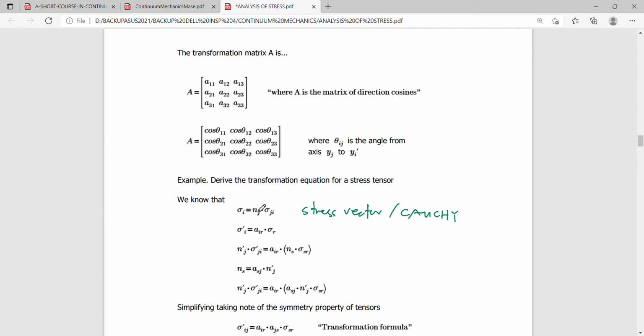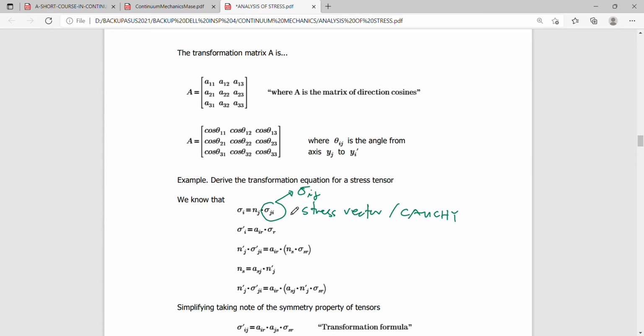we note that sigma_i is simply equivalent to n_j sigma_ji. So this sigma_ji or sigma_ij would not mean any danger, even though we make use of a different position when it comes to the subscript ij.